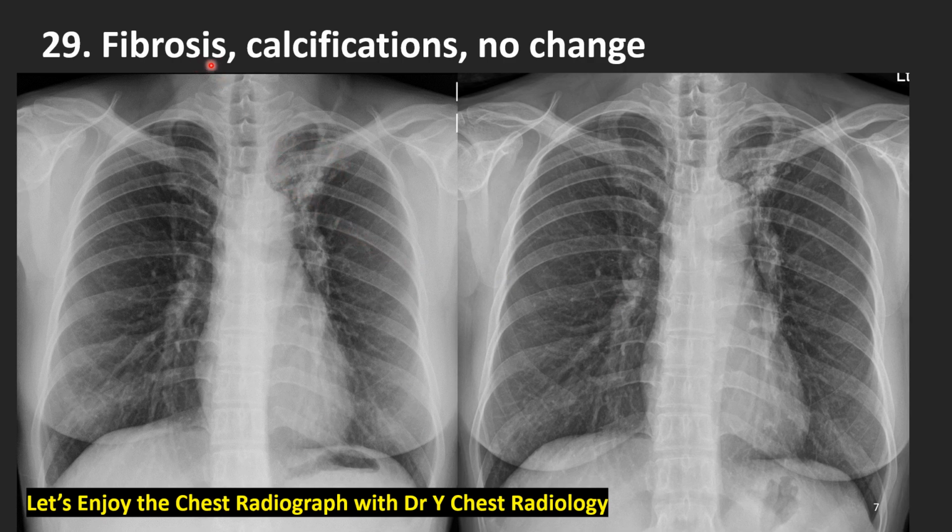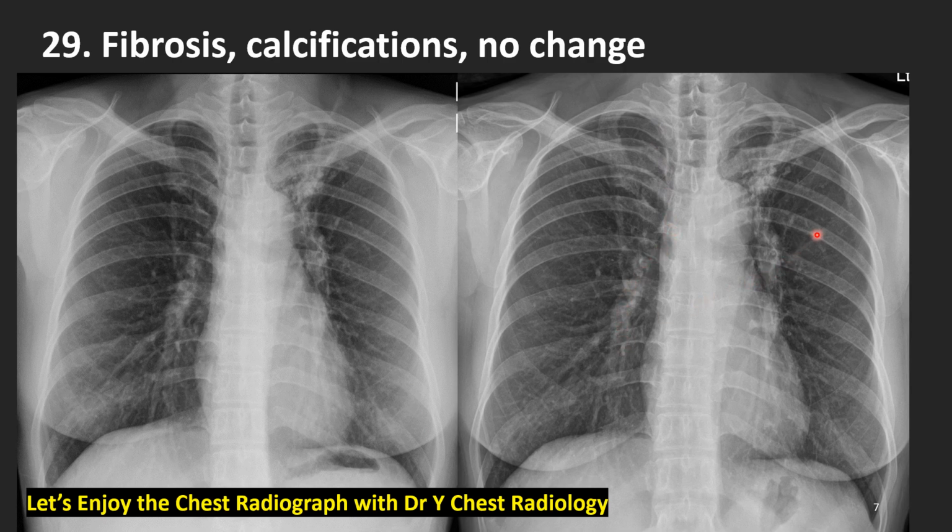This is fibrosis, calcifications, and you can find that it has not changed for several years. Elevated hilum, deformed bronchus, peribronchial fibrosis, well-defined nodules with some calcifications. Please look at the normal right upper lobe, normal right hilar structure.